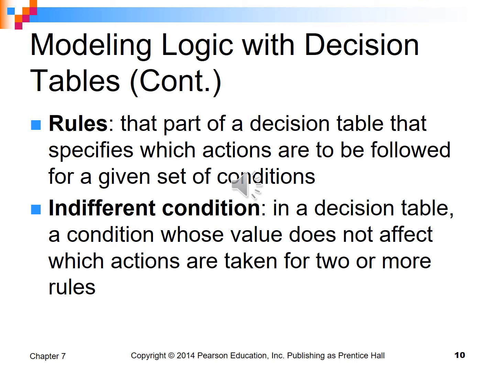And the rules are the third component of the table, the important one, which is the part of the decision table that specifies which actions are to be followed for a given set of conditions. Like, if it is salary and less than 40, this is a rule. If it is salary and greater than 40, it is another rule.